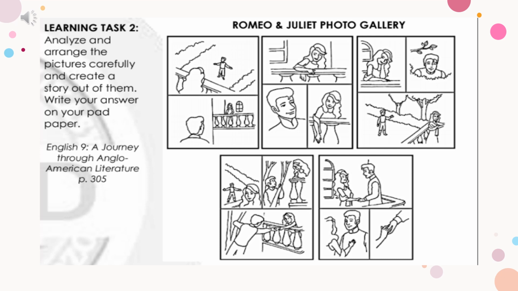So the first image, you have here Romeo talking to Juliet, who's in the veranda, in the terrace. Second image, you have there Juliet making an effort for Romeo to be able to be on the terrace. The third image, you have there Juliet thinking about Romeo and Romeo thinking about Juliet.